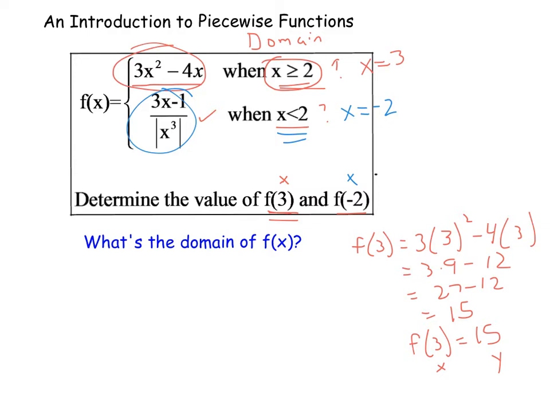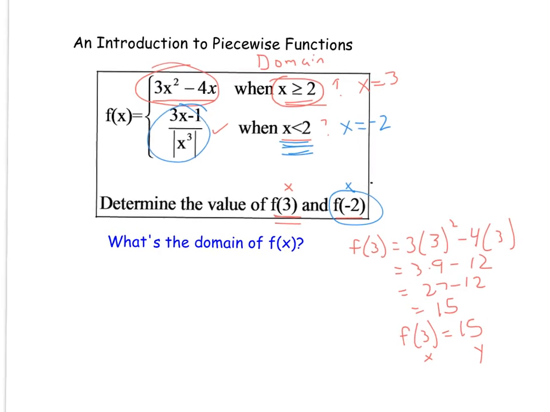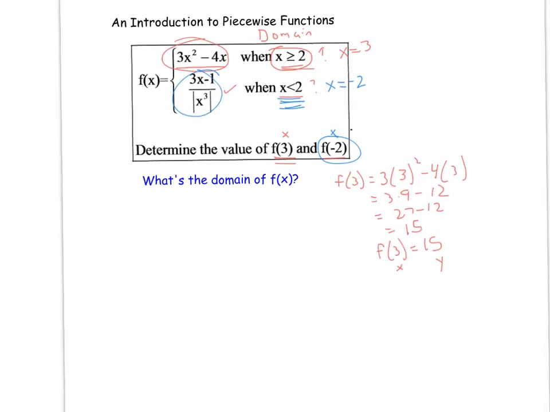Okay, the same idea is going to apply for f of negative 2. Since x is negative 2, it fits into this category, so we use this function. Let's see if I can change the size of this.